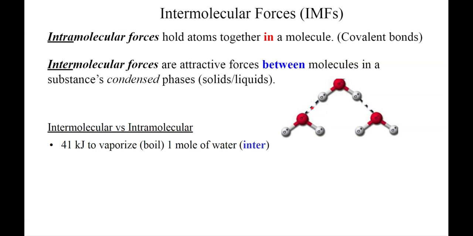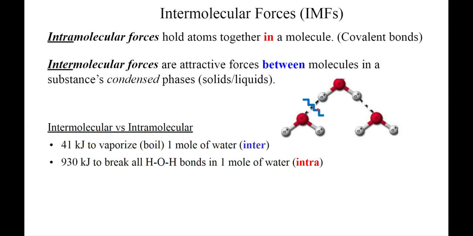That is the energy to separate molecules from each other. But if you wanted to completely break every hydrogen and oxygen apart from each other, to break the covalent bonds, it's 930. And so you can see there's a much greater degree of energy if you want to break covalent bonds. So when you boil water, you're not touching covalent bonds, you're only separating the molecules.